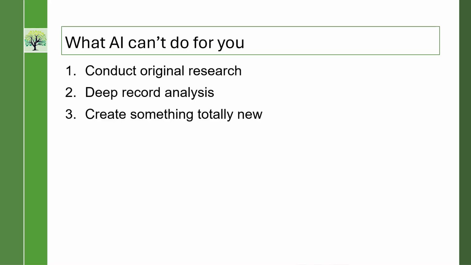It can't think in terms of negative evidence. It can identify the relationships that exist in the document. It can't identify relationships that don't exist in that document. So it has limitations on deep analysis, but it can be used to analyze superficially and get the information out of a document. And it cannot create something totally new.